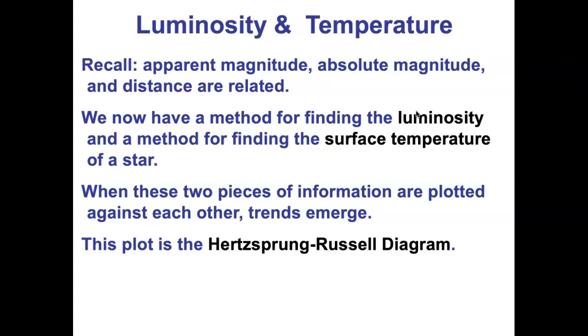You had people making large catalogs of magnitudes, luminosities, distances, parallax, and temperature. And when these people started comparing notes to say, well, you've got the luminosity of all these stars, I've got the temperature. Let's put our heads together. What else can we figure out? They started constructing the Hertzsprung-Russell diagram, or the HR diagram.